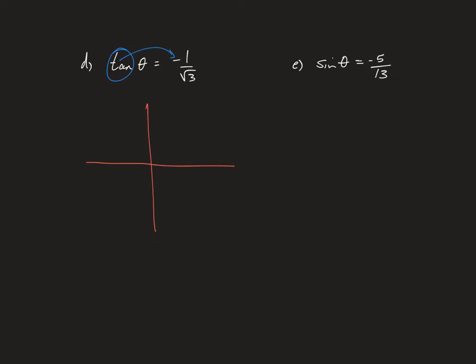That means in my fraction, since it's negative, the top and the bottom have to be opposite signs. So how can I get opposite signs as I move on my axes? Well, I either move to the right and down, that puts me into quadrant 4, or I move to the left and up, which puts me into quadrant 2.